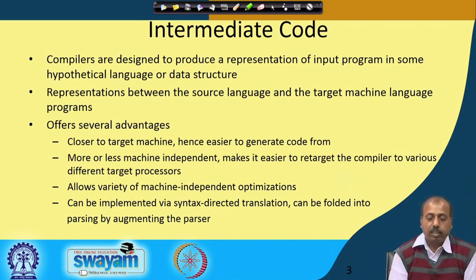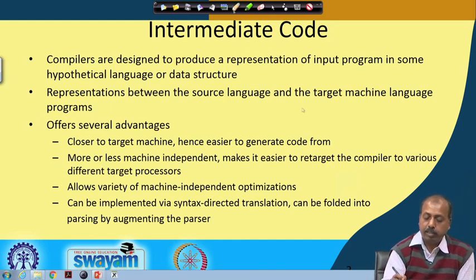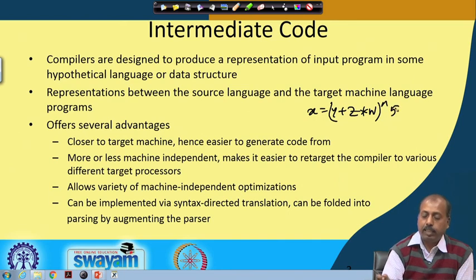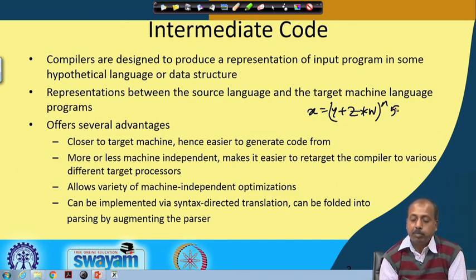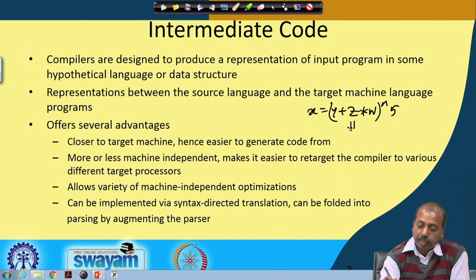For example, a very simple case may be like this: in your source language you may write a complex expression like x equal to y plus z into w to the power 5. Now, it may so happen that the target machine onto which you are doing this implementation has an add instruction and a multiply instruction, only these 2 instructions.